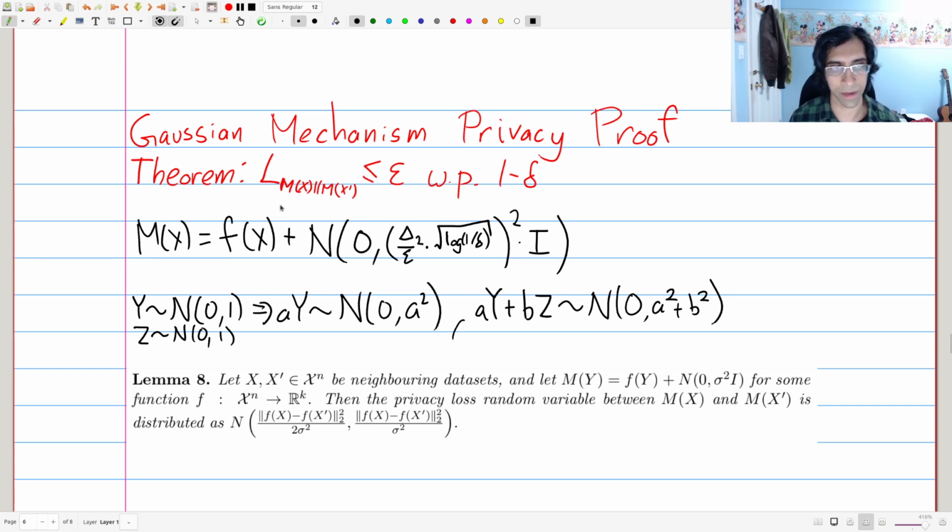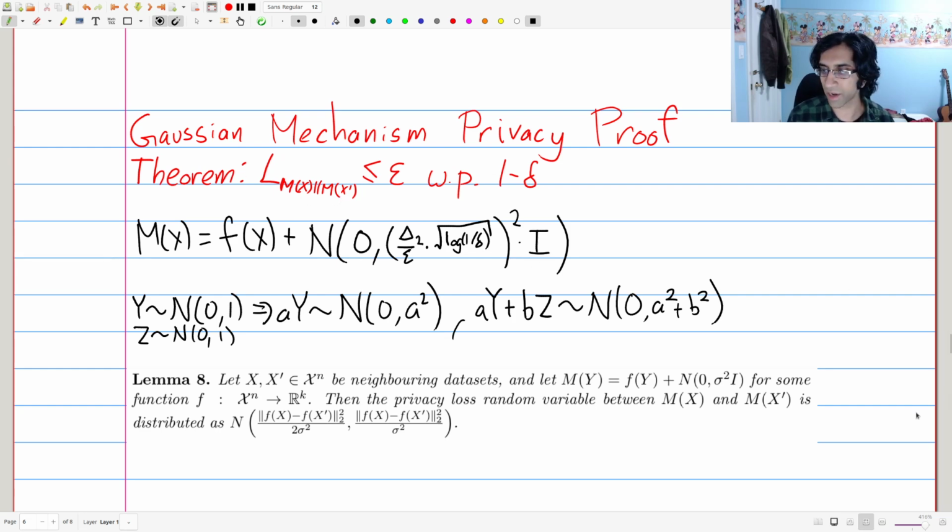We're going to focus on the Gaussian mechanism privacy proof. Let's consider the privacy loss random variable of this algorithm, and see if we can prove that it's bounded above by epsilon with probability 1 minus delta. Recall that this is all we need, because we're just trying to prove that it's epsilon-delta DP, which is exactly what this is. So what's the strategy? Step 1 is to say that the privacy loss random variable is actually pretty nice here.